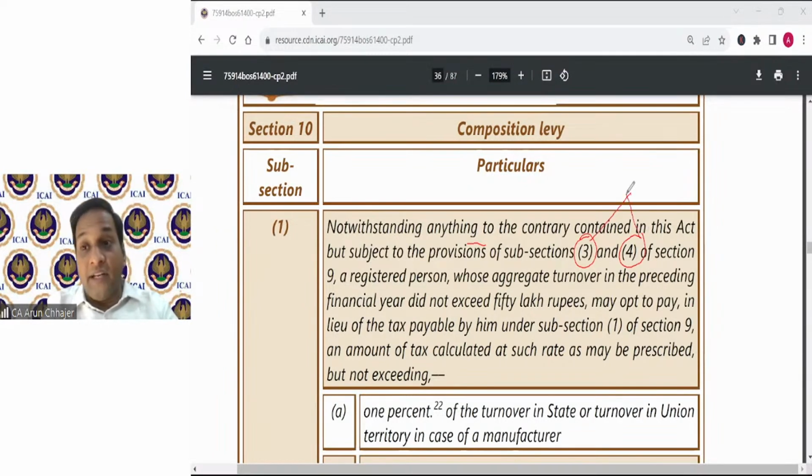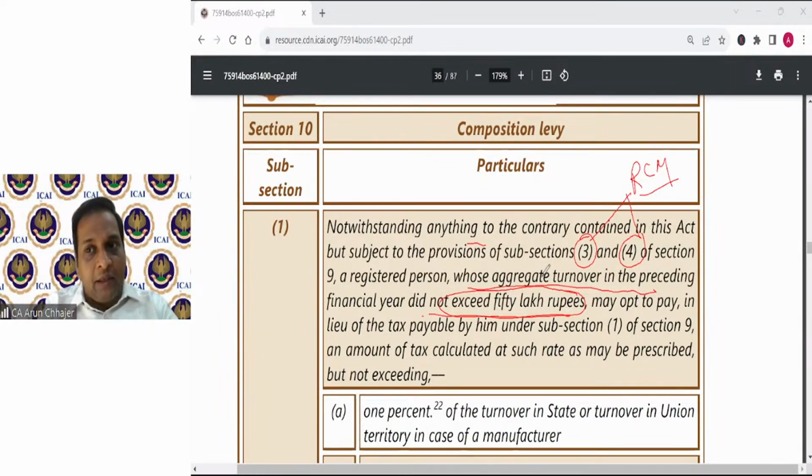These two sections pertain to the reverse charge mechanism in the GST. Correct? Whose aggregate turnover in the preceding financial year did not exceed 50 lakh rupees. So on day one, when the GST was introduced, they gave the limit of aggregate turnover as 50 lakh. Further, they issued a notification and enhanced the limit.